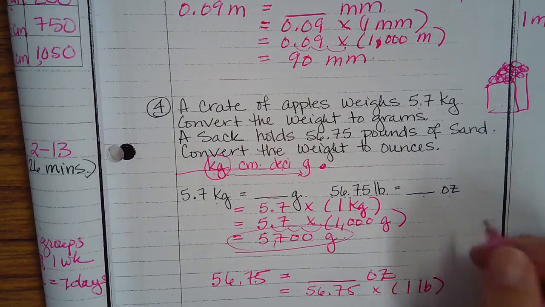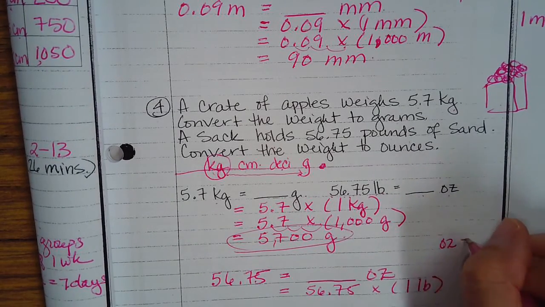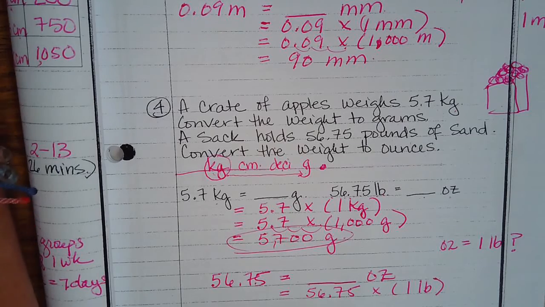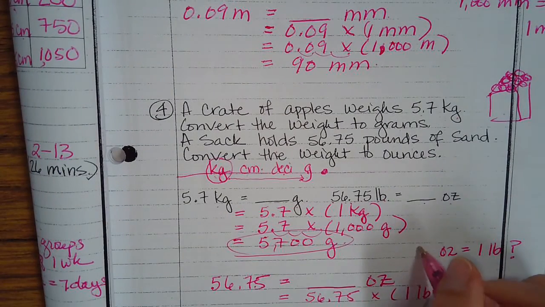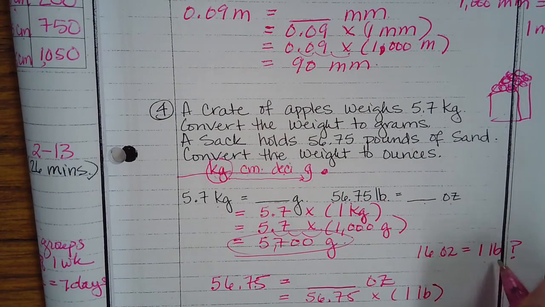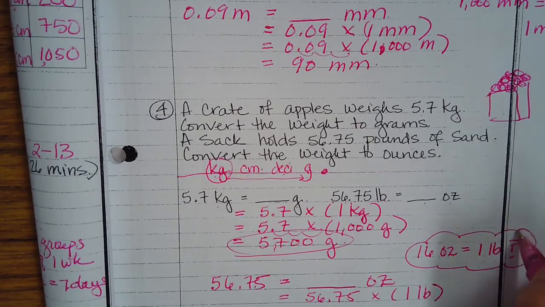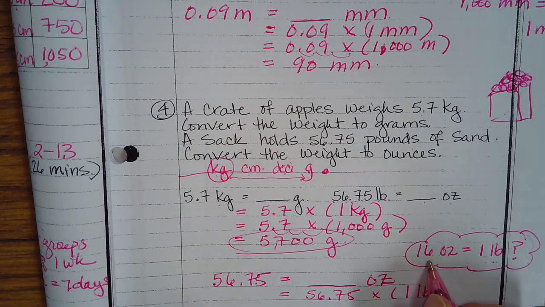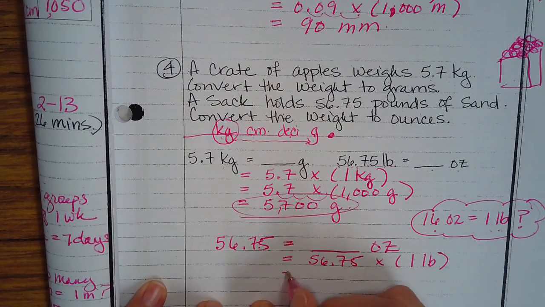Well, how many ounces equals 1 pound? Do you know how many ounces equals 1 pound? Right. There are 16 ounces in 1 pound. So now we're going to multiply by 16.